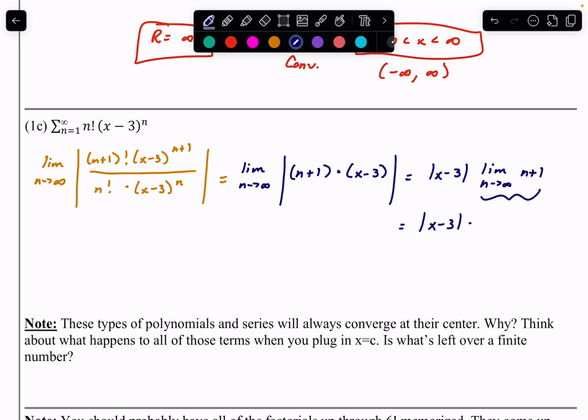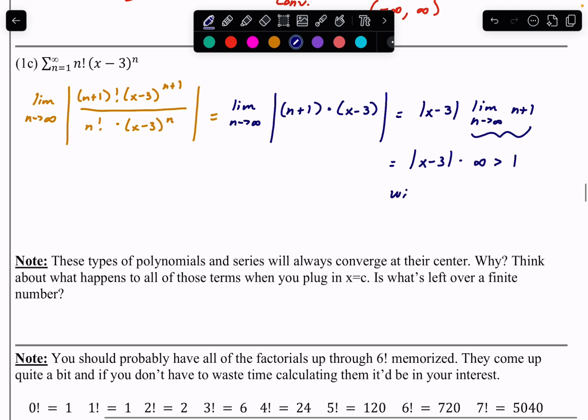So x minus 3 times some sort of really large number is always going to be greater than 1. That means that this series diverges for any x value that I plug in. But that doesn't mean that I don't have any convergence. We always have convergence at the center. We'll only converge at x equals 3.